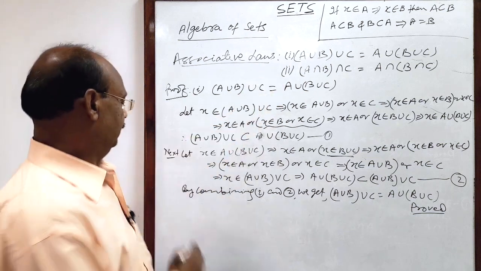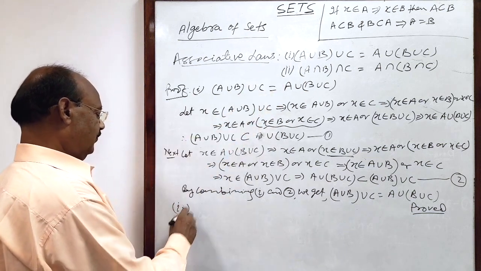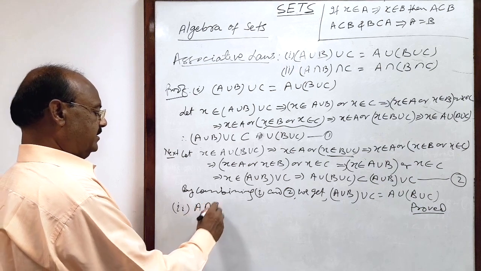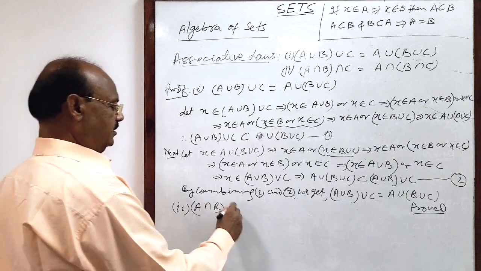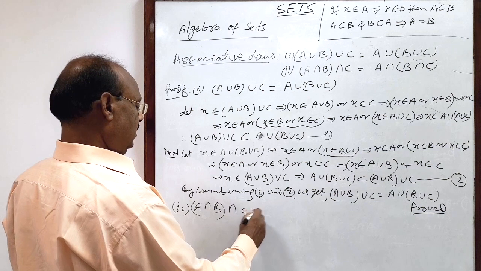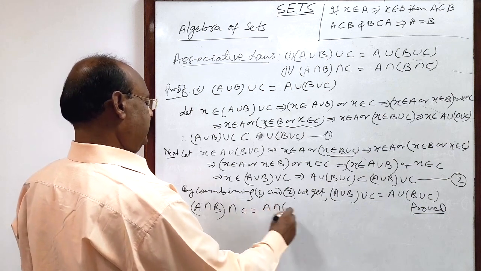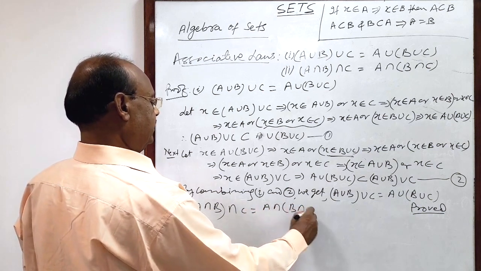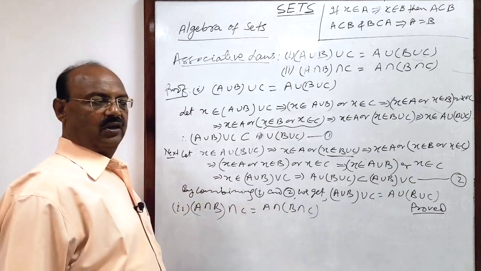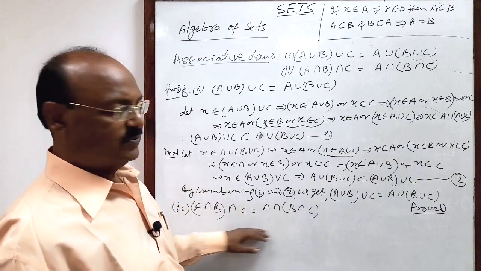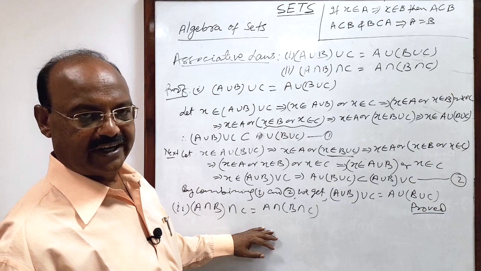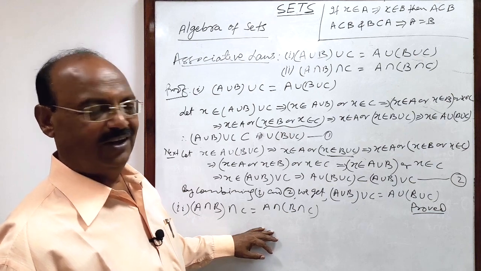This second law. Here the second law is (A intersection B) intersection C is equal to A intersection (B intersection C). So we are leaving this proof for you students.